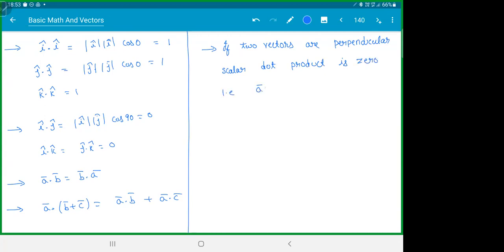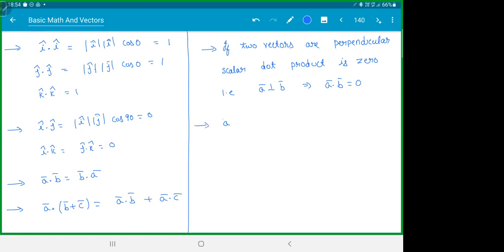That is, if A bar dot B bar is 0, this implies A bar is perpendicular to B bar? The reverse is not true. If A bar is perpendicular to B bar, this implies A bar dot B bar is 0. If A dot B is 0, A or B also can be 0. You can have A 0, B 0, or both perpendicular. There are 3 possibilities. So if you're perpendicular, the dot product is 0.